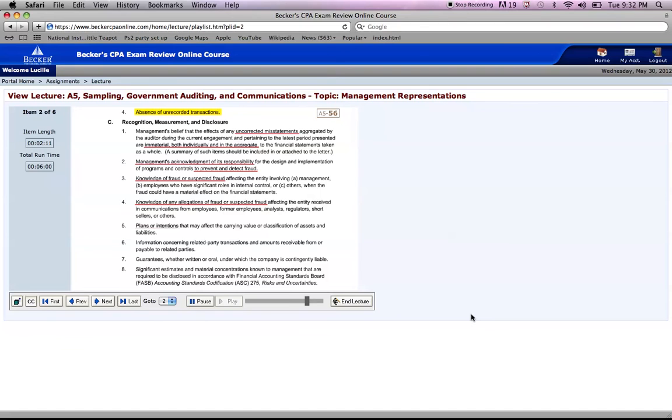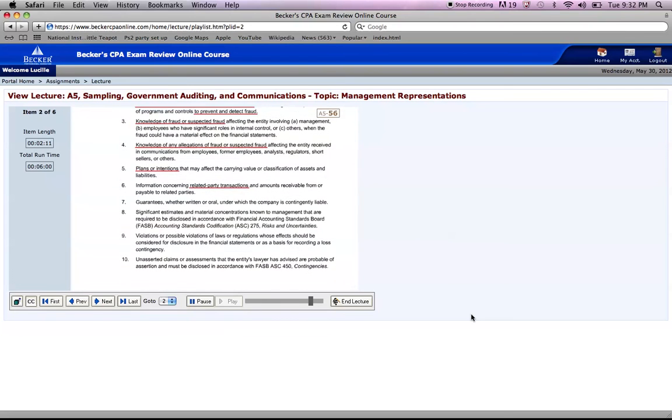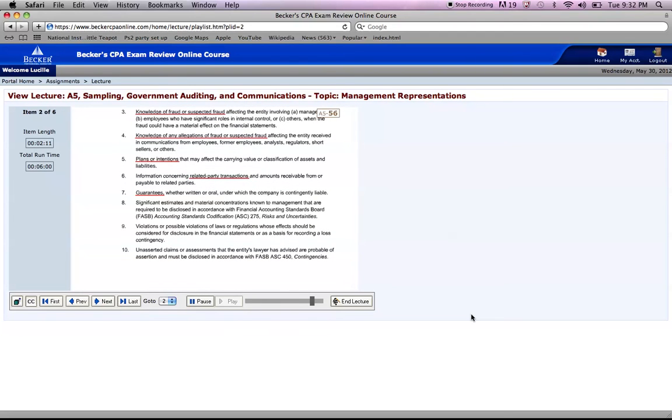Number 5, plans or intentions. Number 6, underscore related party transactions. Number 7, guarantees. Number 8, significant estimates and material concentrations. Number 9, violations or possible violations of laws and regulations. Number 10, unasserted claims or assessments.